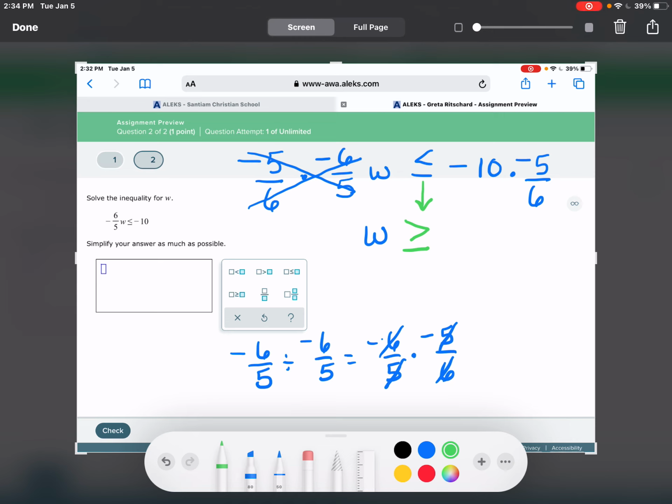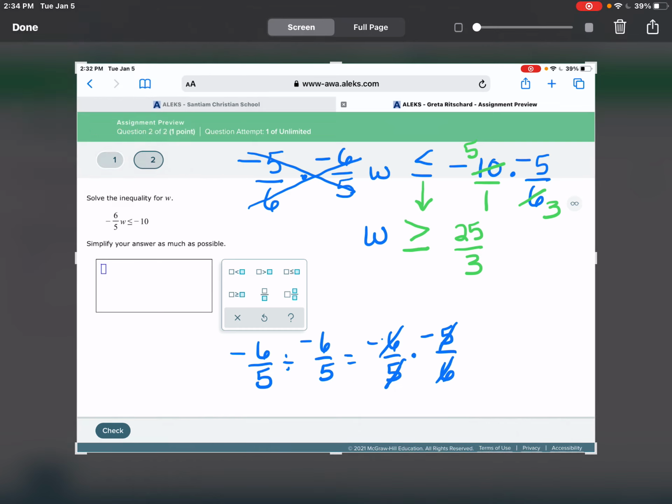And if I want to, I could cancel before I move forward. 2 goes into both of those numbers just like that. And I have negative 5 times negative 5, which is just positive 25 on the top, and 1 times 3 on the bottom. So w is greater than or equal to 25/3. And that is simplified enough.